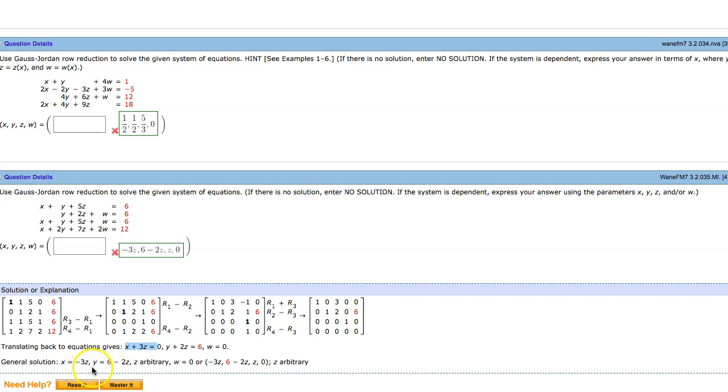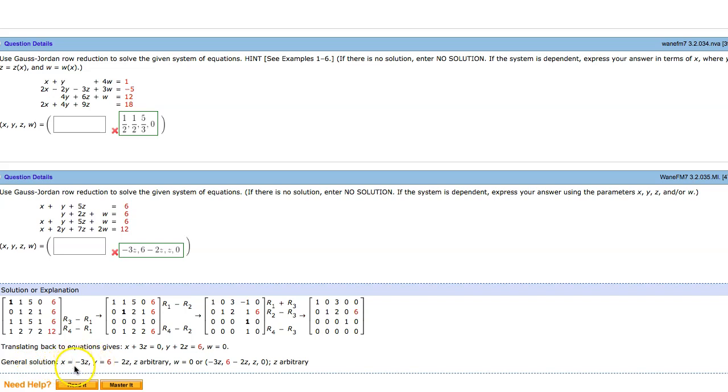You can write z is neg 1/3 x, plug neg 1/3 x into right here, and you can get y minus 2/3 z equals 6. That's a little funny, but that's fine. You may not want to though.